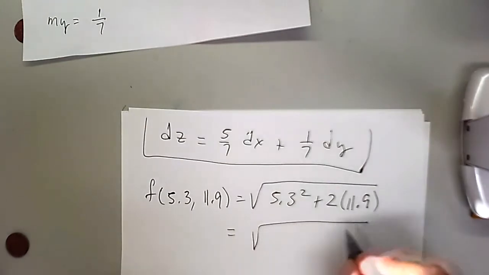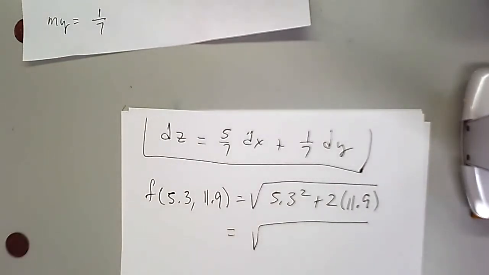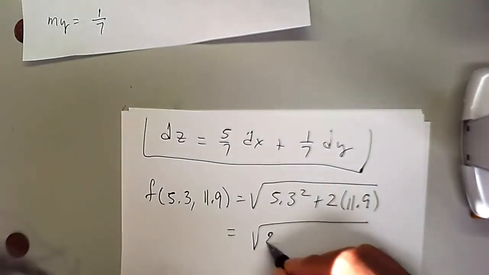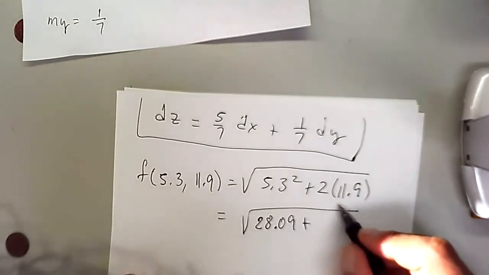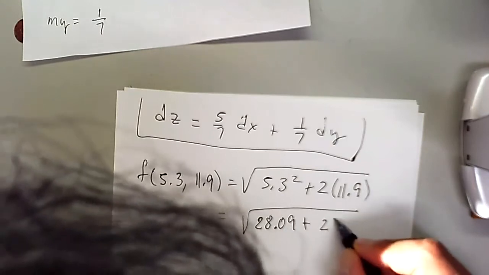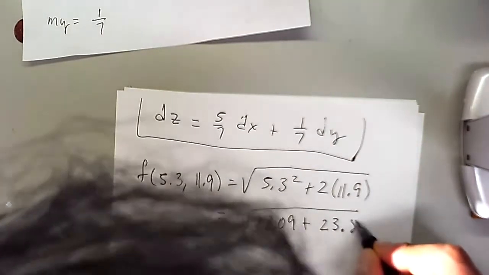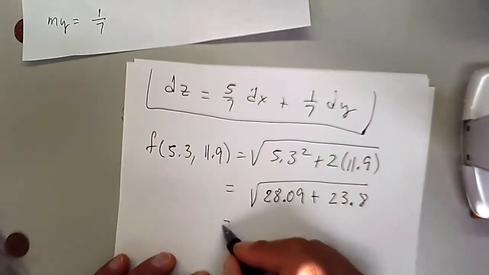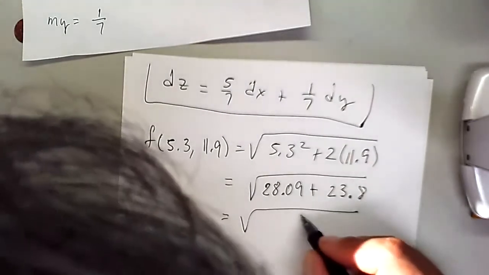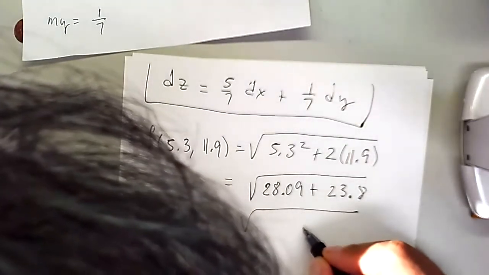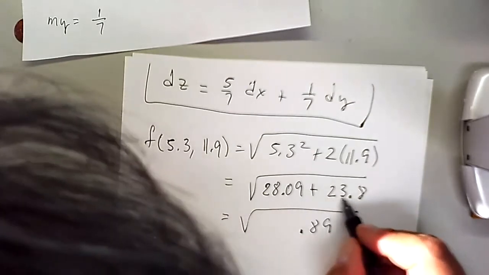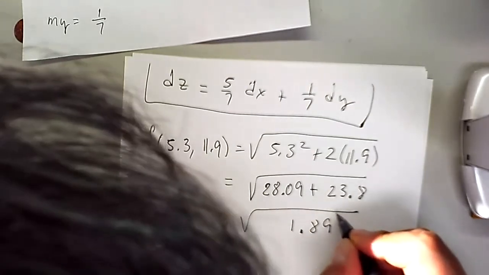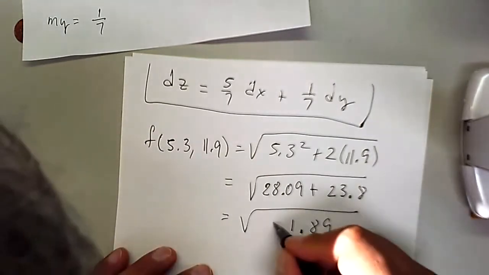So that is the square root of 28.09 plus 23.8, and if we add those together, we get 51.89.